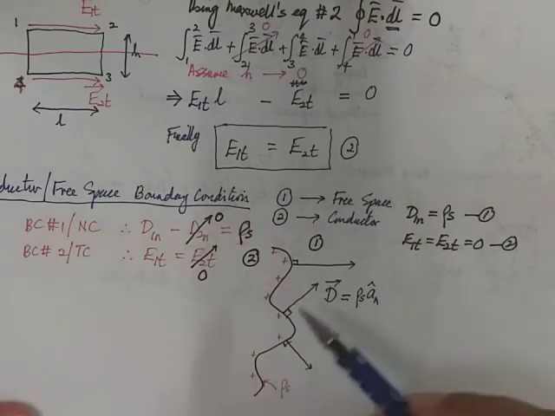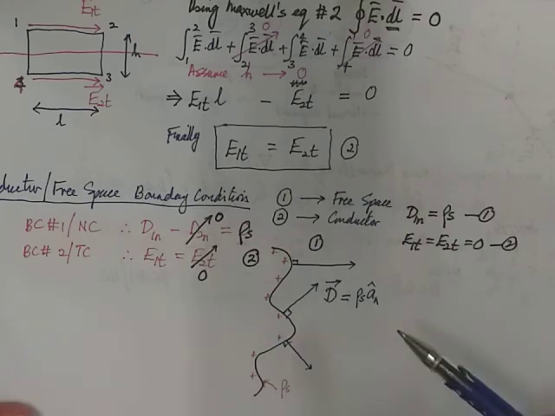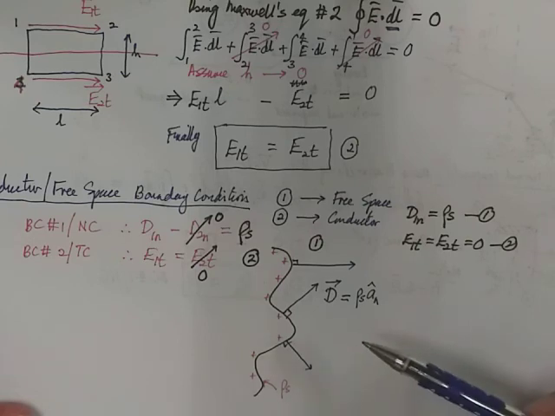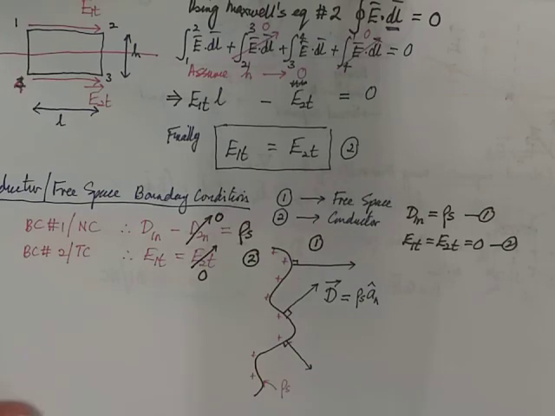So that should be the special behavior for the case when you are dealing with the boundary of conductor free space. You can just use these properties without proving it: at the boundary of conductor free space, the field only appears in the region of free space, the direction of the field must always be normal to the boundary, and the magnitude of the field D is equal to the surface charge density on the boundary.